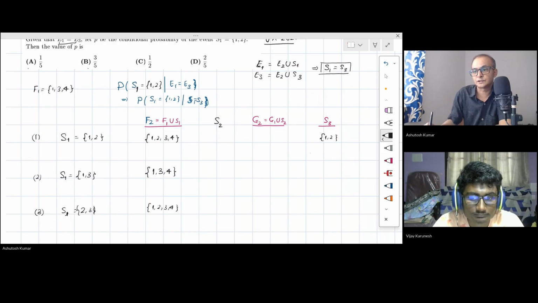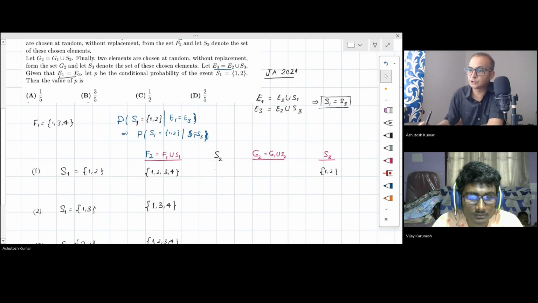So how do we get this thing? This has how many choices? It can be {1, 2}, {1, 3}, or {1, 4}. So 3 choices. S2 I have. What are the choices? We can take 1 and any number X, where X belongs to 2, 3, or 4.